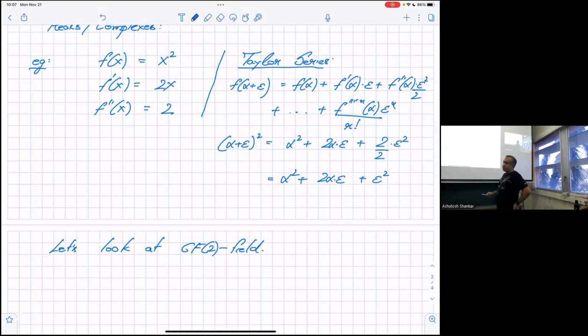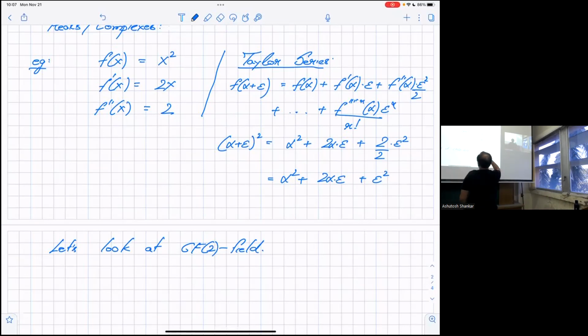But what would the Taylor series be? What would be the corresponding expression? I want alpha squared plus epsilon squared, but if I use the Taylor series, the second order derivative is 0. The point is there's a 1 by 2 factorial in the formula. Over the reals you could divide by any number, but here we can't.